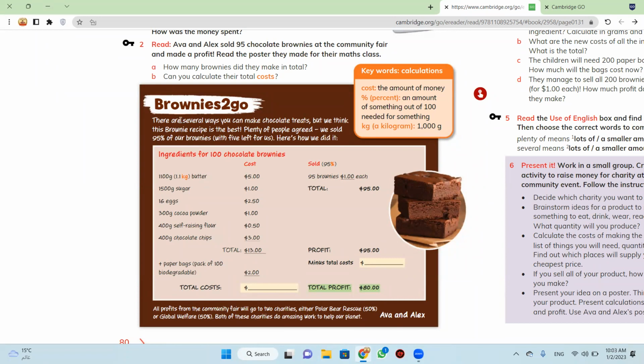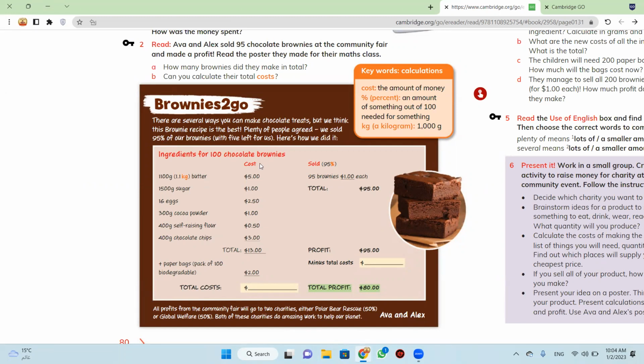Brownies to go. There are several ways to make chocolate treats, but we think this brownie recipe is the best. Plenty of people agreed. We sold 95% of our brownies with 5 left for us. Here's how we did it.